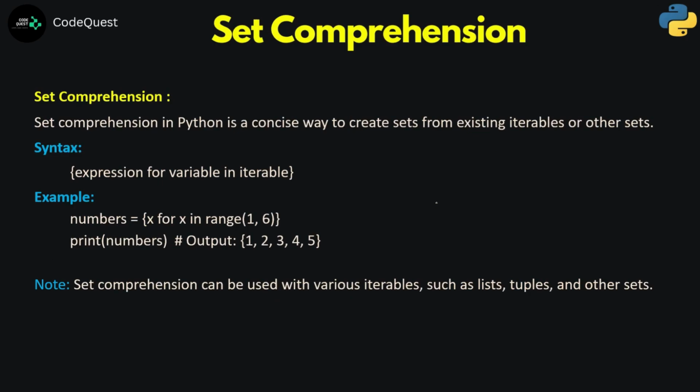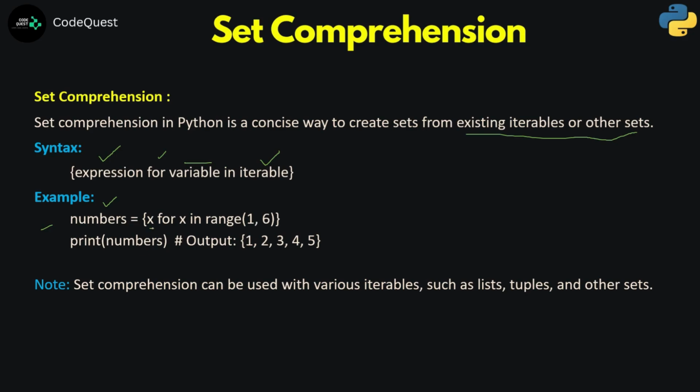So set comprehension is a very concise way of creating sets from an existing iterable or other sets. So we can see the syntax is like we can take some expression for some variable in some iterable. If possible, we can add some condition also. Now here I'm taking some numbers, some variable which is going to behave like a set later.